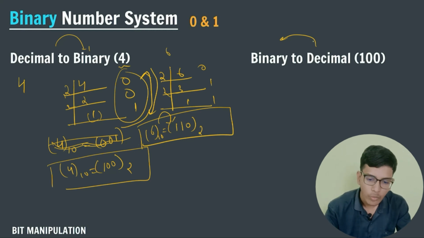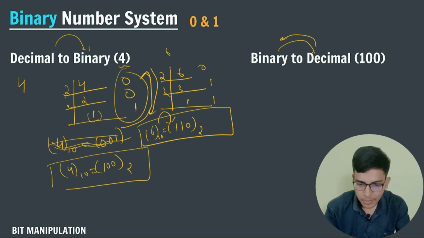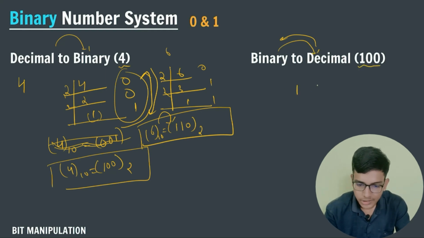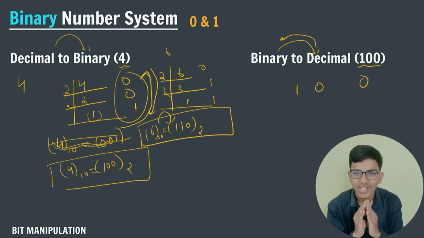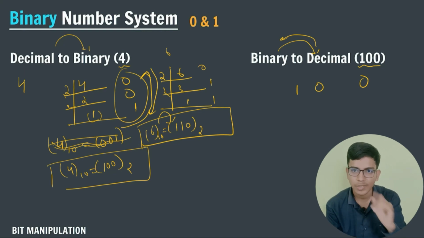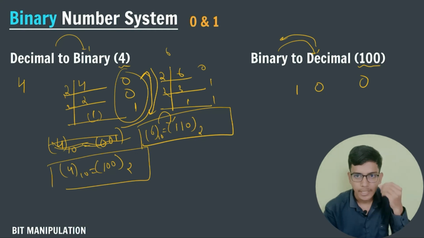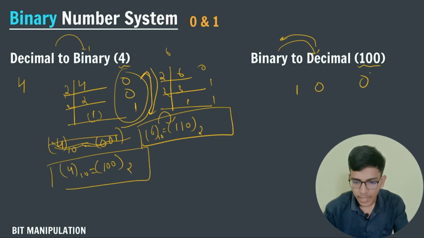Now let us see how we can convert a binary number to a decimal number. So this is our given example, that is 100. The main logic we are going to use to convert a given binary number into a decimal number is, we'll multiply each digit by 2 to the power of 0, 2 to the power of 1, 2 to the power of 2, like this.